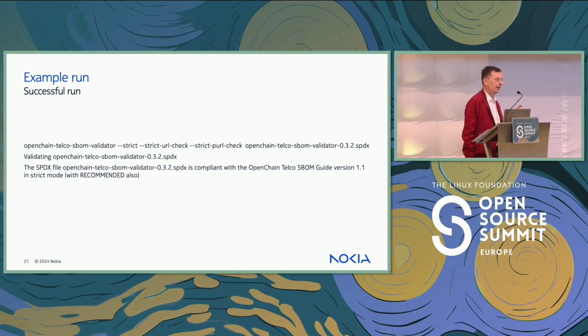This means that I don't only check the mandatory fields, but also the recommended ones. And for the two other options, I check the URL, so I'm checking that I can download the packages and checking that the checksum is correct. And the last one is to check that the PURL is correct. So here you have at least one valid SBOM.